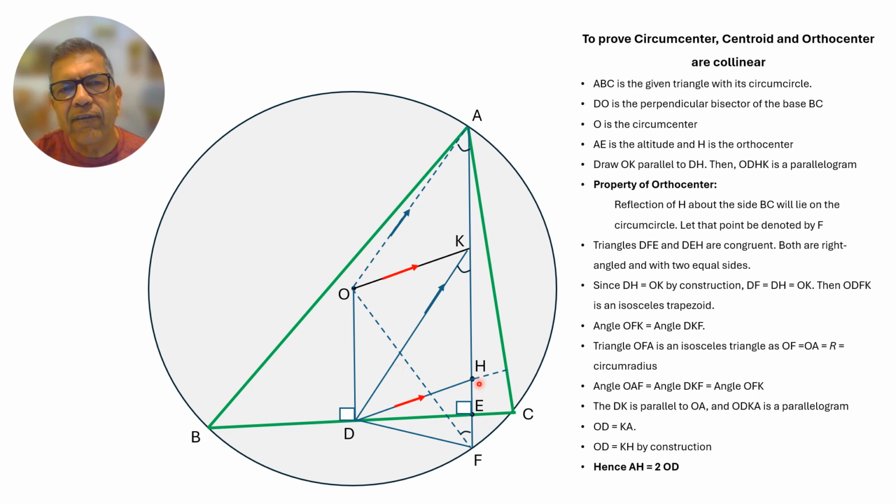Now I'm going to invoke a property of the orthocenter. That is, the reflection of the orthocenter about any side of the triangle will lie on the circumcircle. I'm going to prove this also. That will be the last slide.